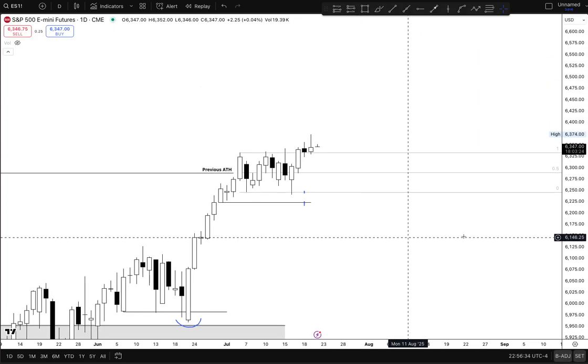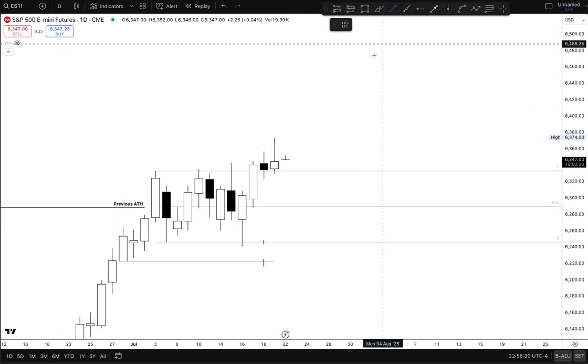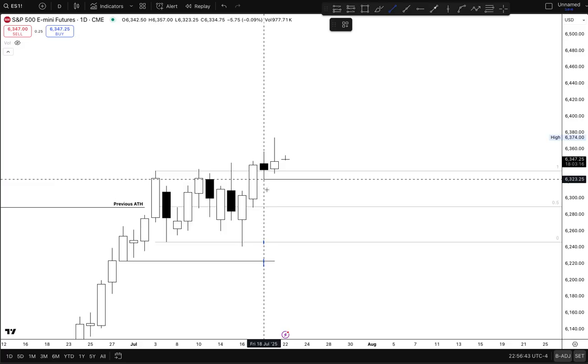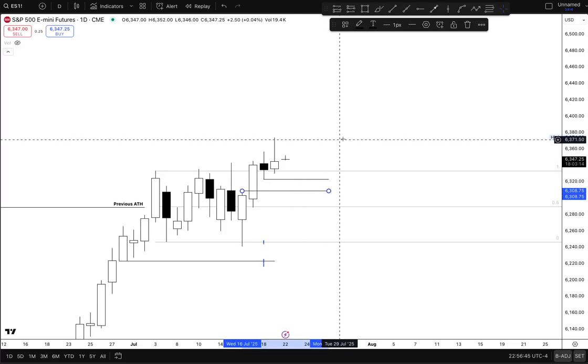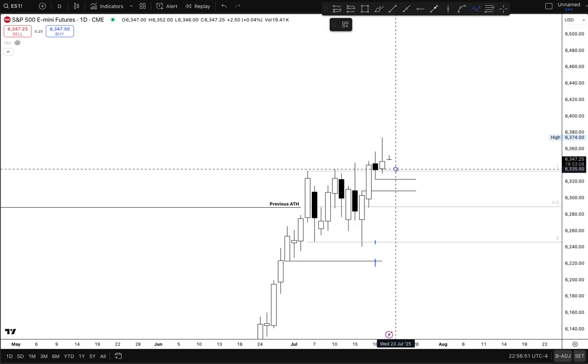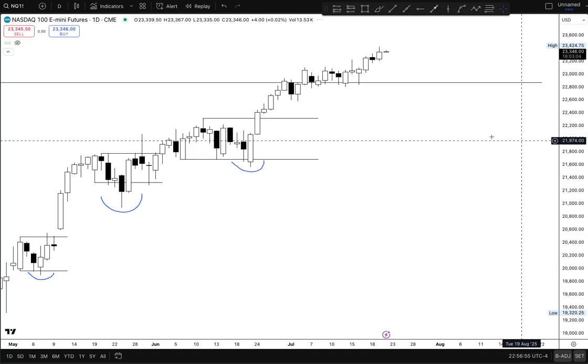So in terms of my outlook for this upcoming week, we do have this fair value gap here on the daily that has formed. So if we retrace to that level, then I would look for potential further upside from there for ES.